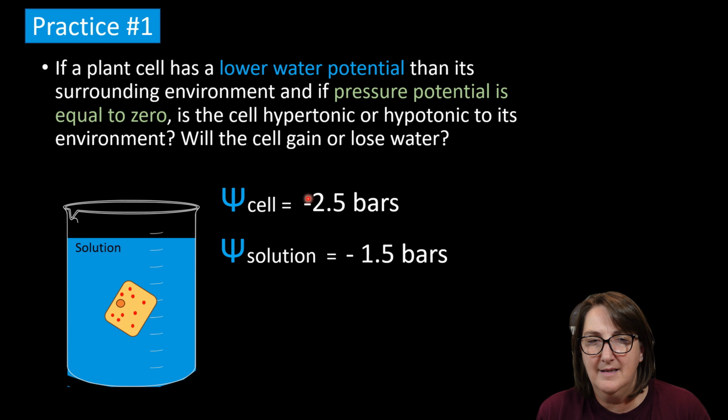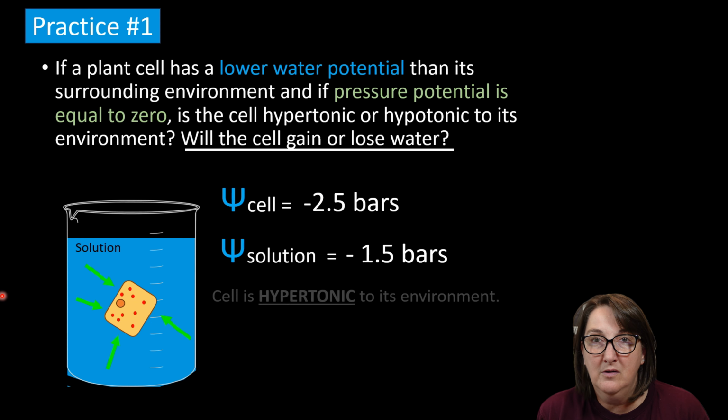I like to think of it as this has more solute. So if this has more solute, then I have less water. This has less solute, so it has more water. So my water is going to want to go into the cell. So is it going to gain or lose?